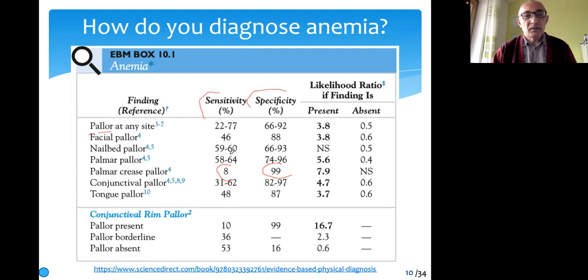As you see, it has comparatively higher sensitivity. Okay, that was to give you an idea why diagnostic tests are important and what is the relationship to our clinical practice.